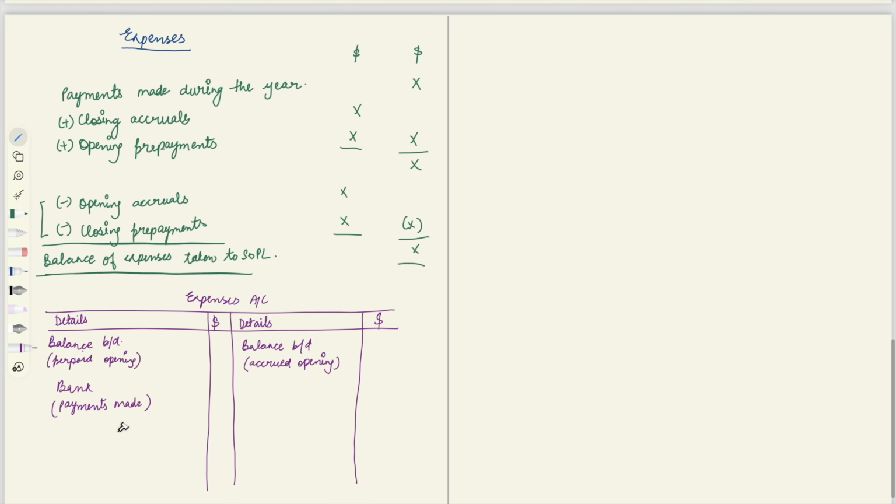Next thing is we will include the closing balances. So for prepaid closing, prepaid opening, prepaid closing, opposite.